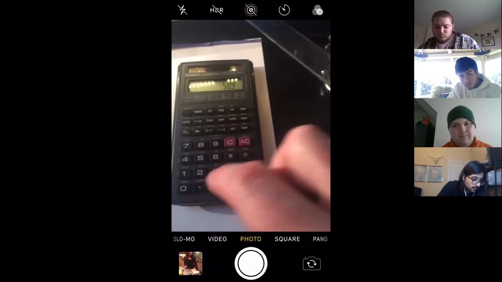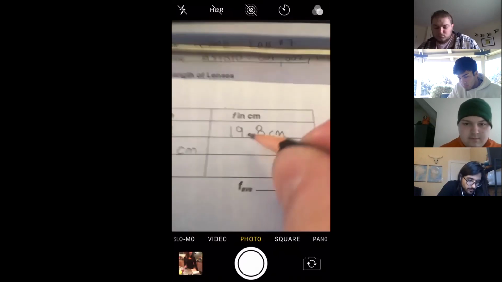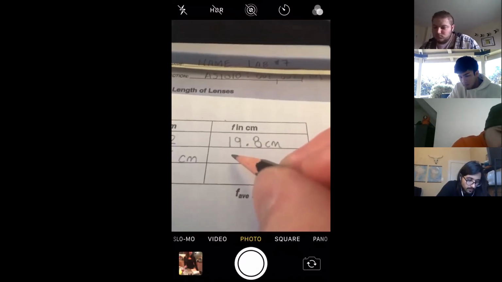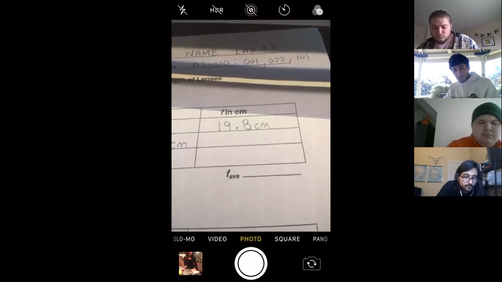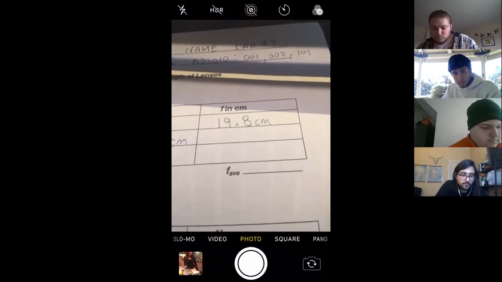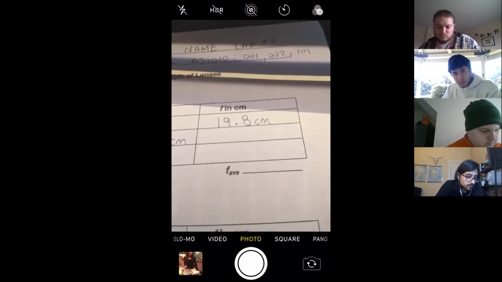Open parentheses, 58.9 plus. What do you get? 20.1.